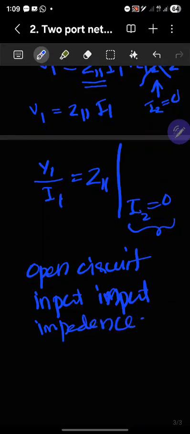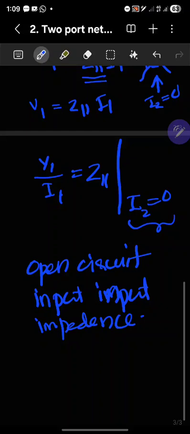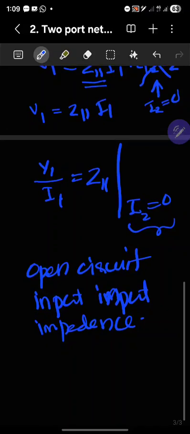This is also called driving point impedance, because these inputs and outputs are the driving points of this network. So this input impedance Z11 is also called driving point impedance.